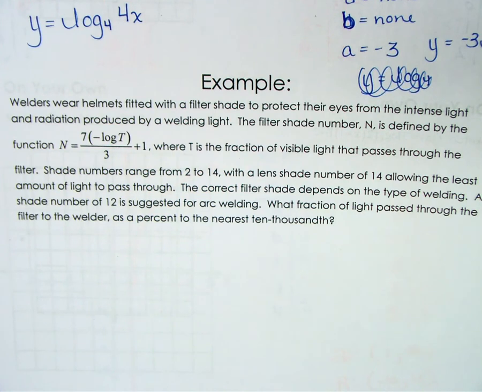So 14 is the darkest. The correct filter shade depends on what type of welding you're doing, and a shade number of 12 is suggested for arc welding. There you go. There's a little tidbit to take away from today's class. What fraction of light passes through the filter to the welder as a percent to the nearest 10,000ths when you're arc welding?